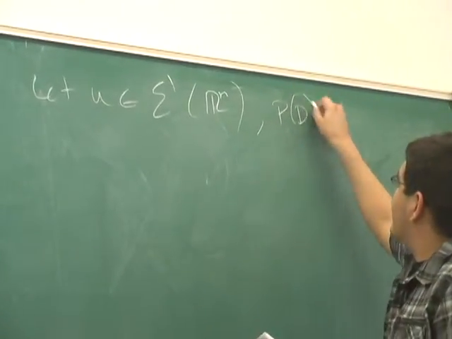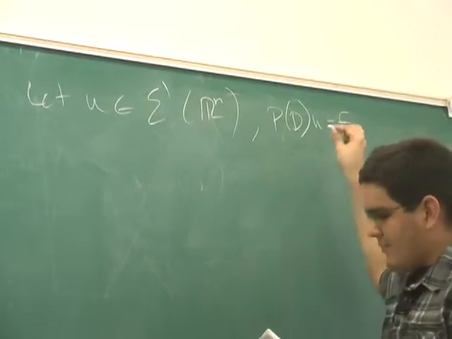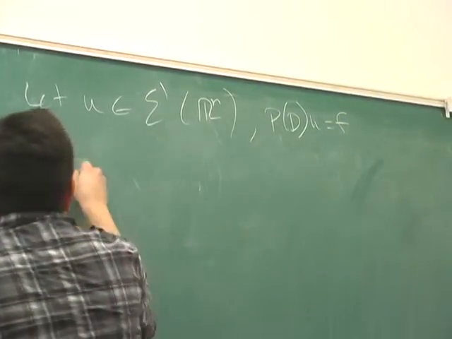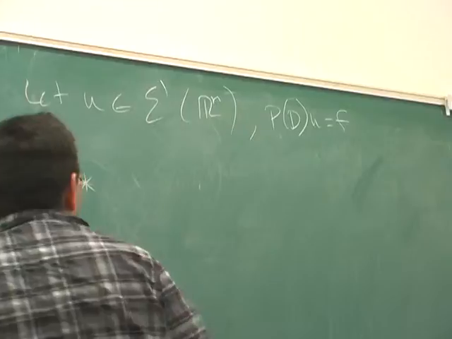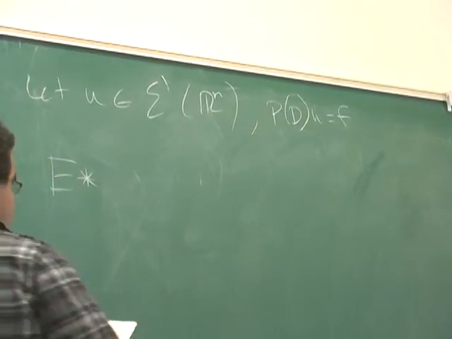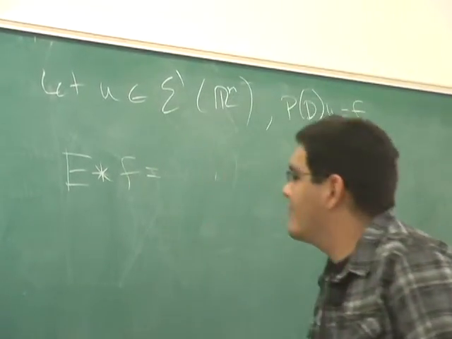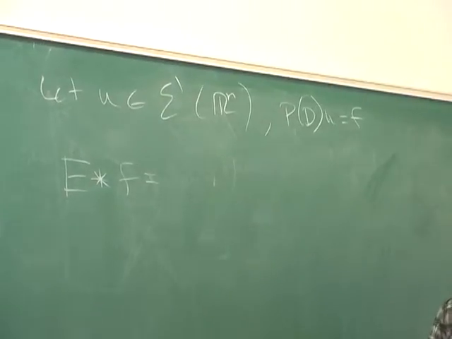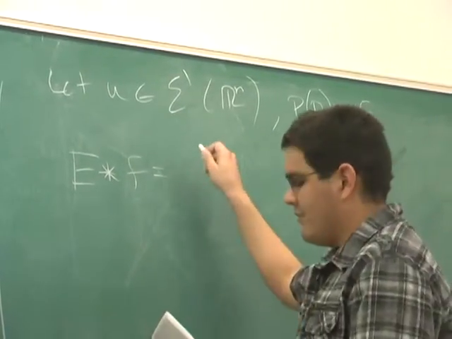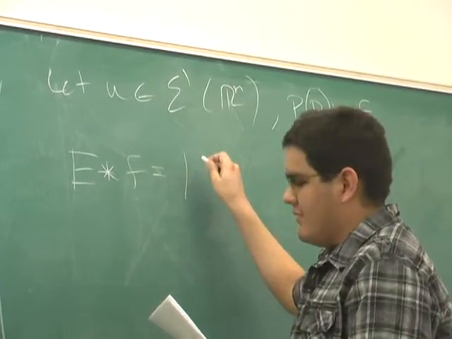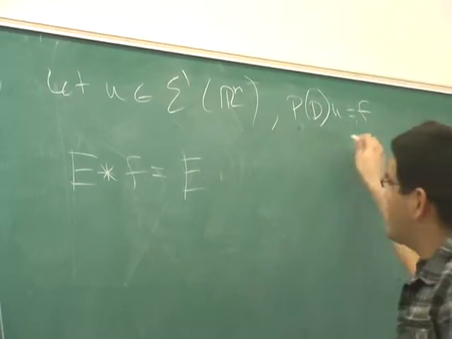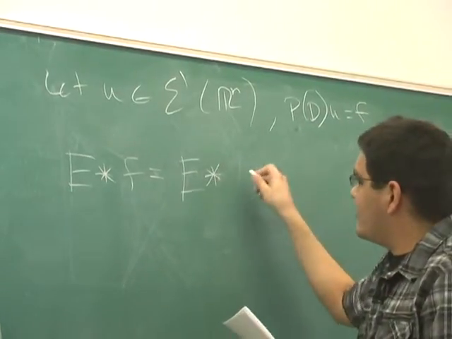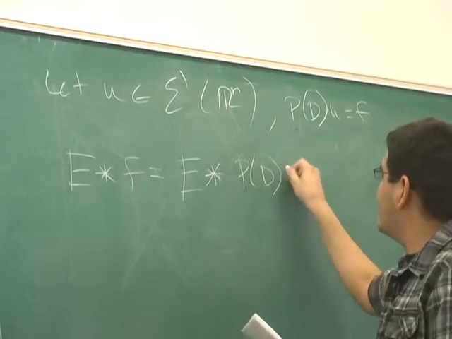We're still assuming the same thing, P U equals F. Now we take the convolution of E with F. So we take the convolution of each side, and this equals E convolved with P(D) U.